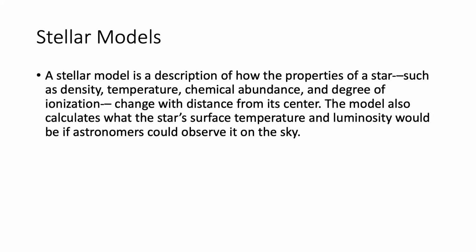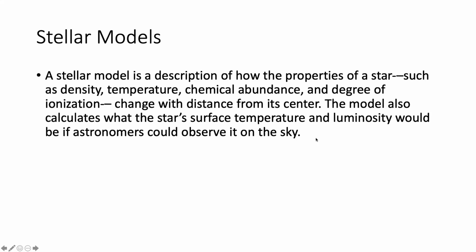And this model tracks the density of different regions of the mass or of the star. It tracks the temperature at different locations, how much of each different type of chemical element it has, how much ionization or how much free charge there is, and how the size of the star changes with time.